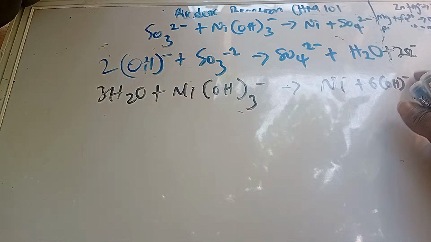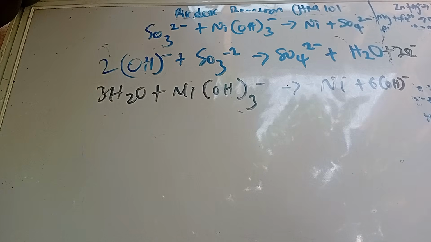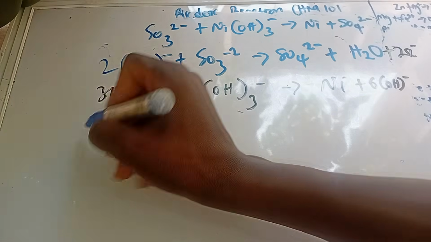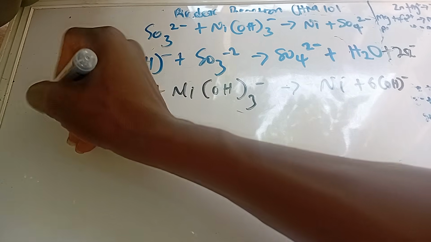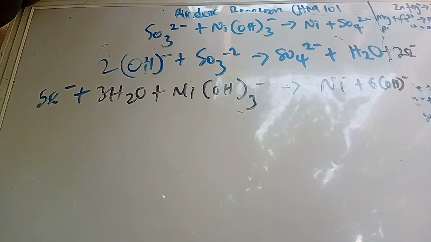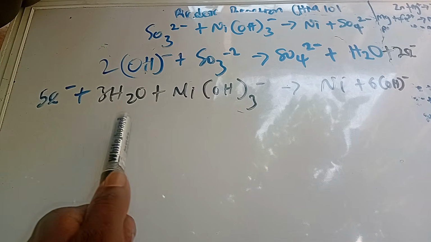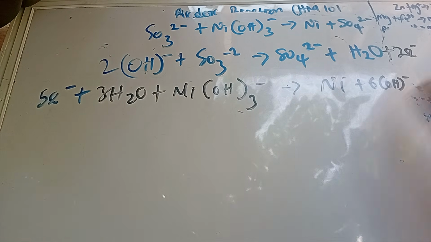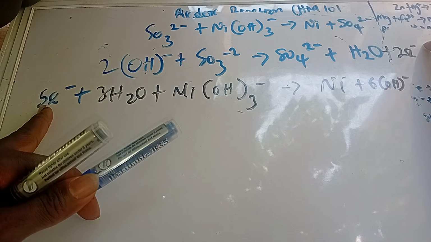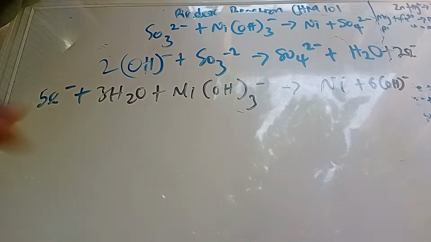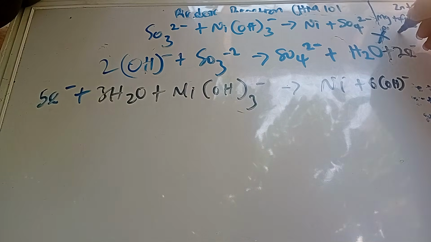Here we have 6 minus. How do we make this equal? It's by adding 5e minus here. So this one is now minus 6. When this one is 0, there's no charge. Minus 6 and minus 6 is balanced. Now how do we balance everything? Multiply this one by 5 and multiply this second one by 2. So this one times 5, and this second one times 2.